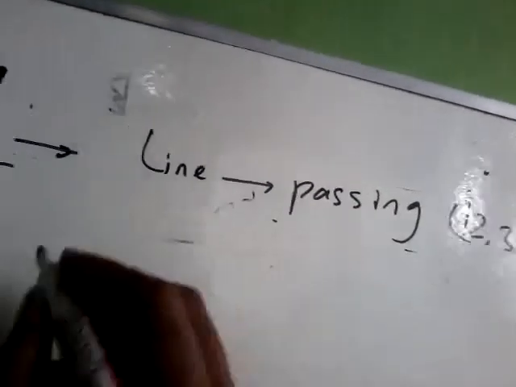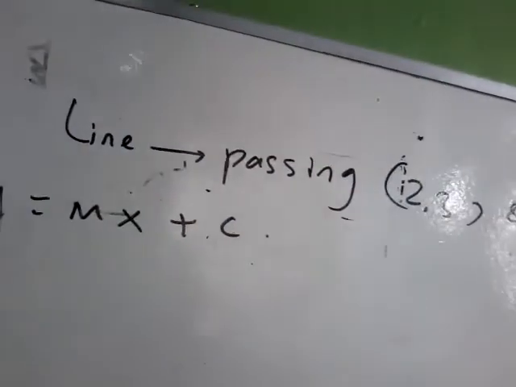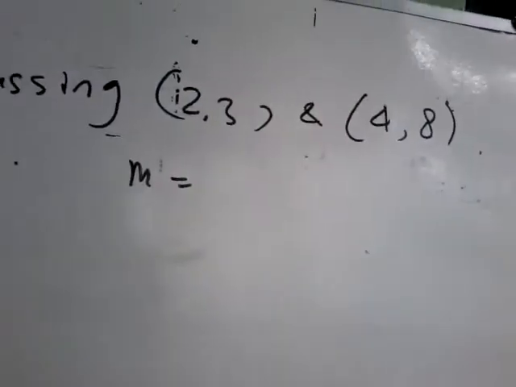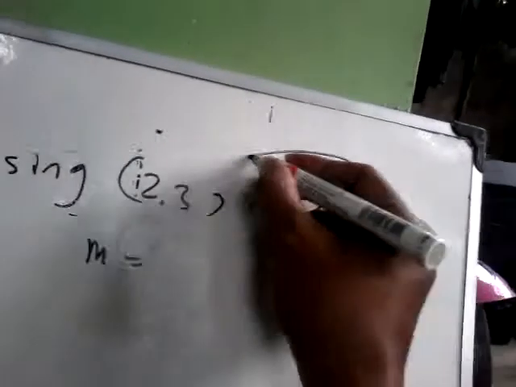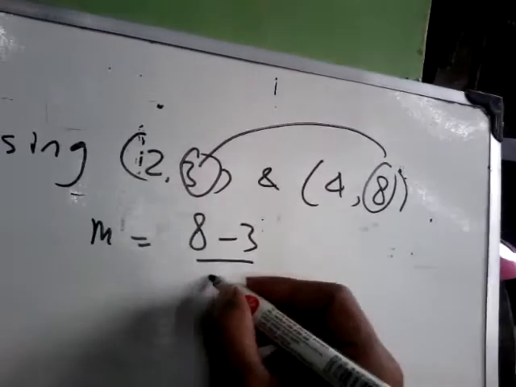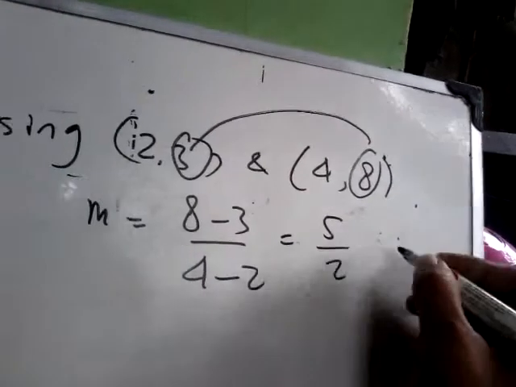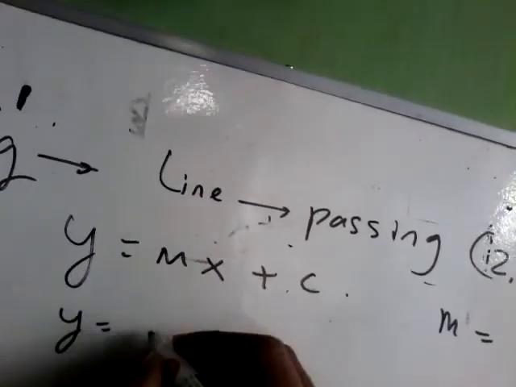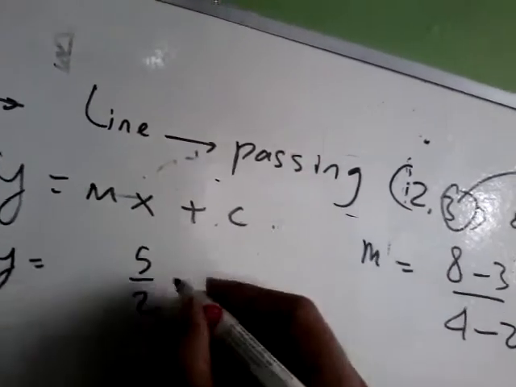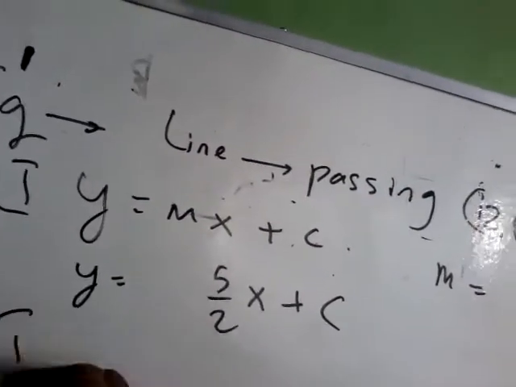All you have to do is follow the formula first, and then find the gradient. The gradient, as we know, is y2 minus y1 over x2 minus x1, which is 5 out of 2. That's the gradient. Put it into the formula, y equals mx plus c. This is the first step. The second step, you have to find the c.